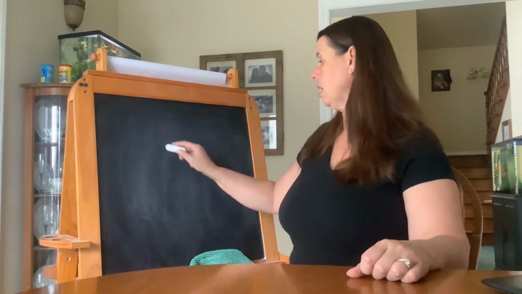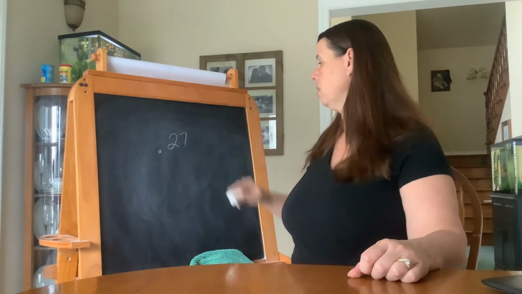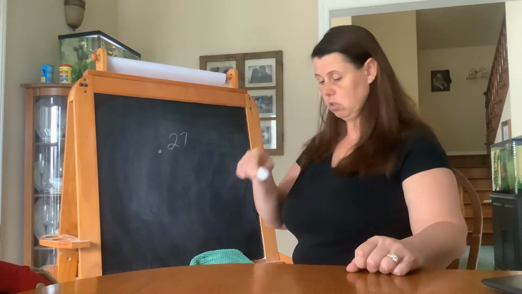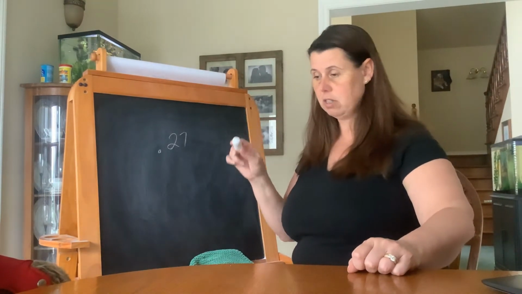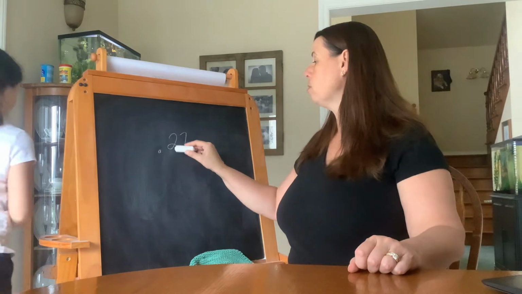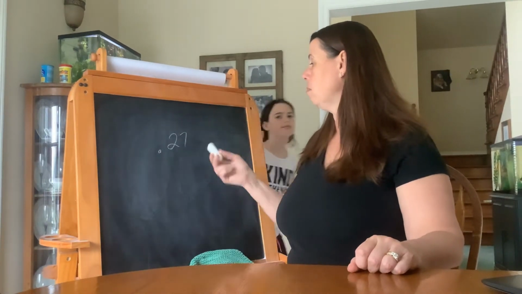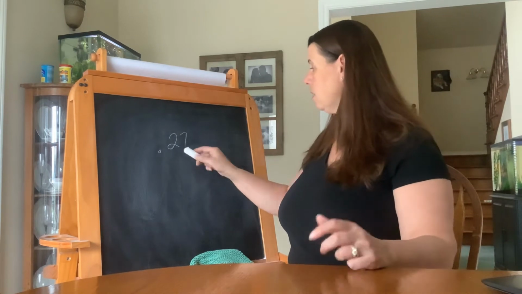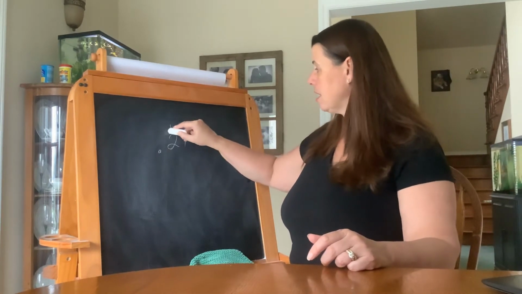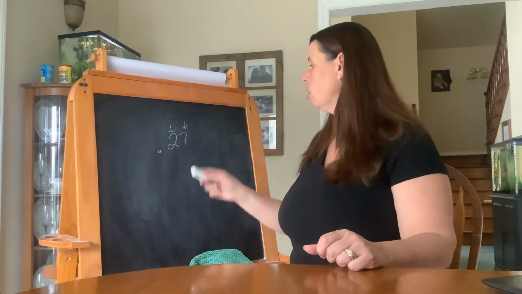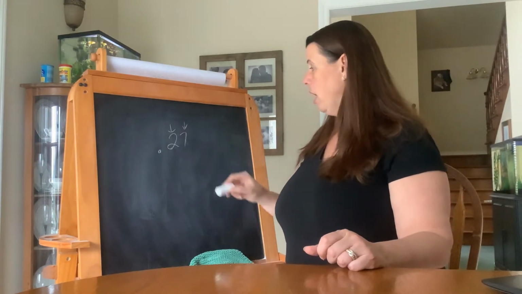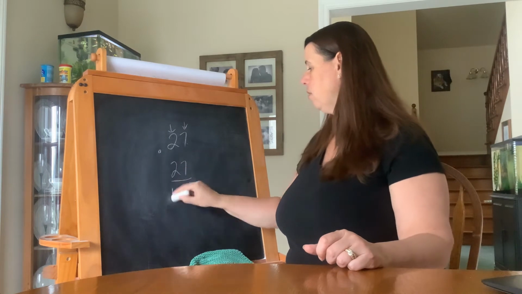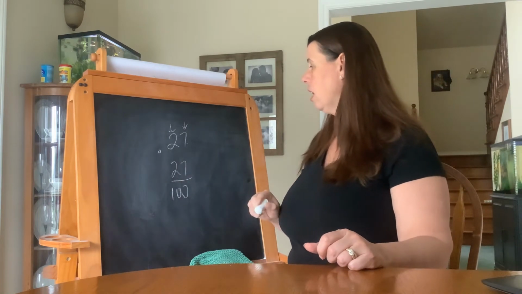Okay, so a terminating decimal like 0.27 can always be written as a decimal fraction because you can see where it ends. So, in this case, we have 27 hundredths, right?